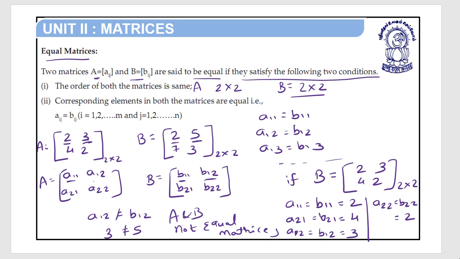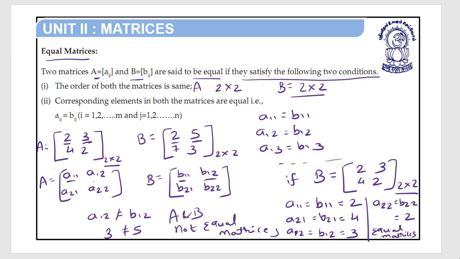So all the elements are equal. So satisfying both the conditions. A is a 2 by 2 matrix, B is a 2 by 2 matrix, and corresponding elements in both the matrices are equal. So these are equal matrices.